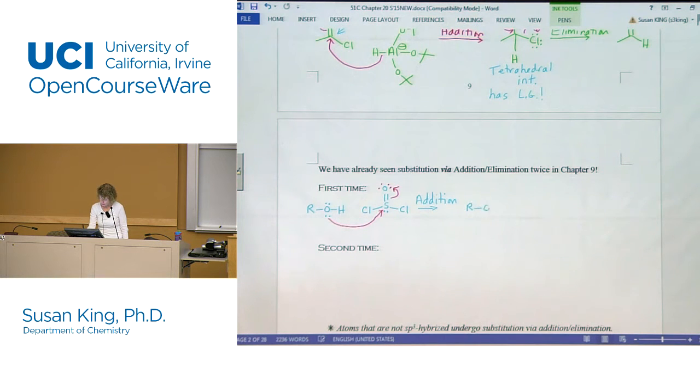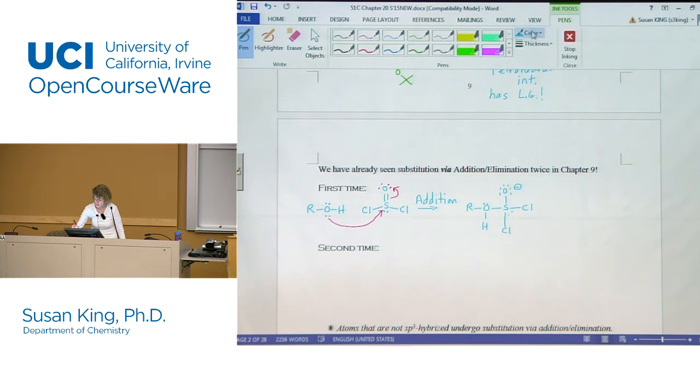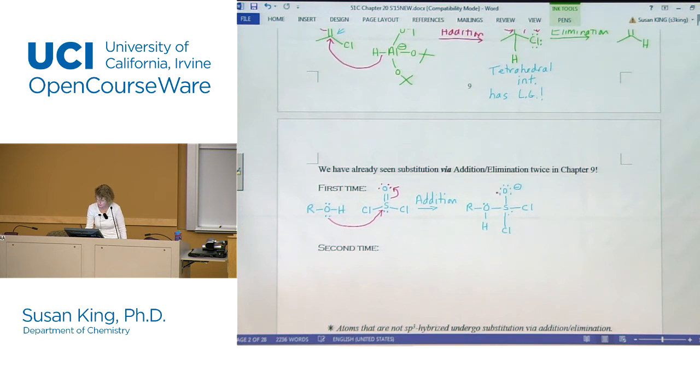And as you can see, now we can label that as a tetrahedral intermediate. Really not tetrahedral because we've got extra electrons here, but a negatively charged oxygen, and a second chlorine here. And then in the next step, the electrons on oxygen came down and kicked off the leaving group, chloride. So your book does this mechanism a little bit differently.